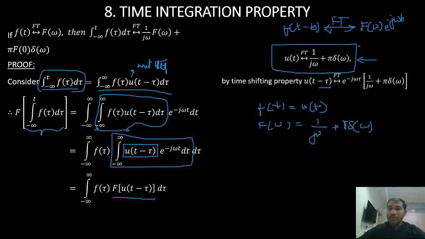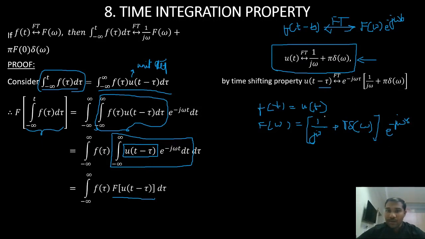This is my f of t and F of omega. So if I shift it by tau, in place of b I have tau. So how will my Fourier transform vary? The same thing into e power minus j omega, in place of b I have tau, so e power minus j omega tau. That is the Fourier transform here, right?